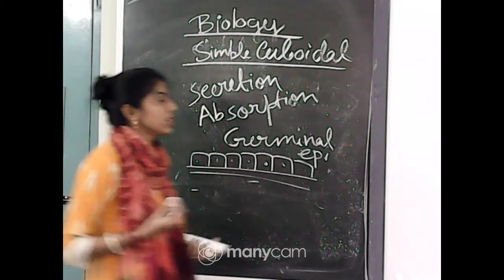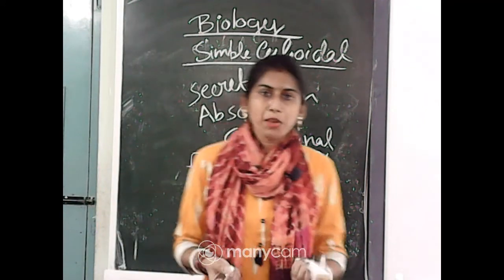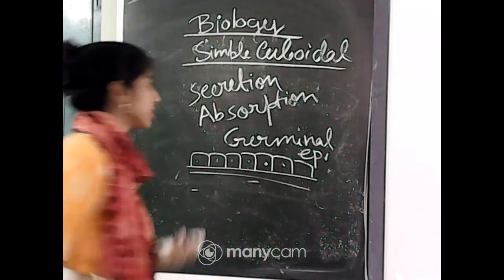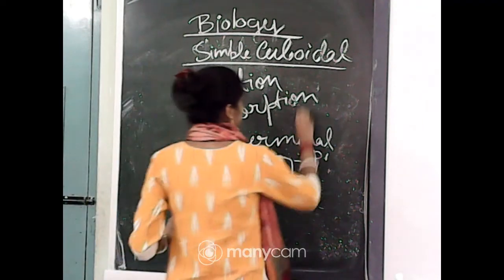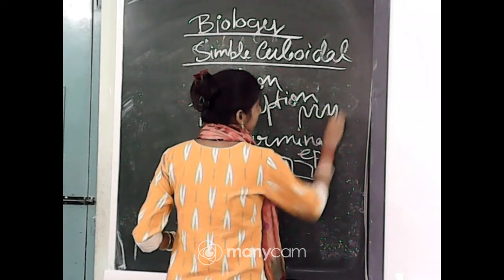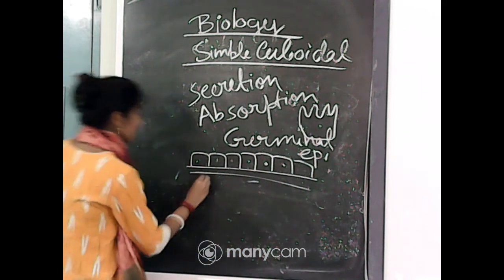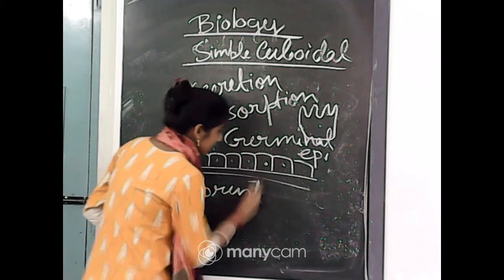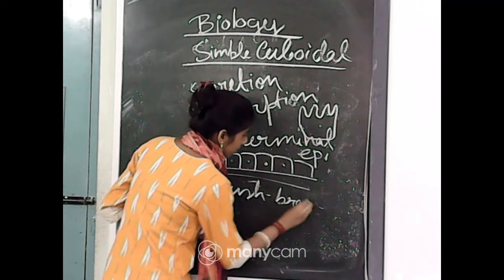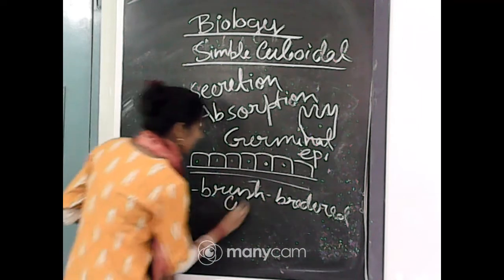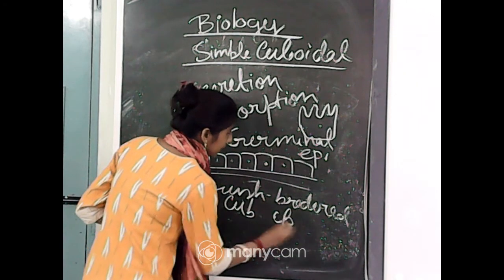Those cuboidal tissues which perform absorption have finger-like projections, and these projections are called microvilli. This type of villi is present in some cuboidal epithelial tissue. These are called brush bordered cuboidal epithelial tissue.